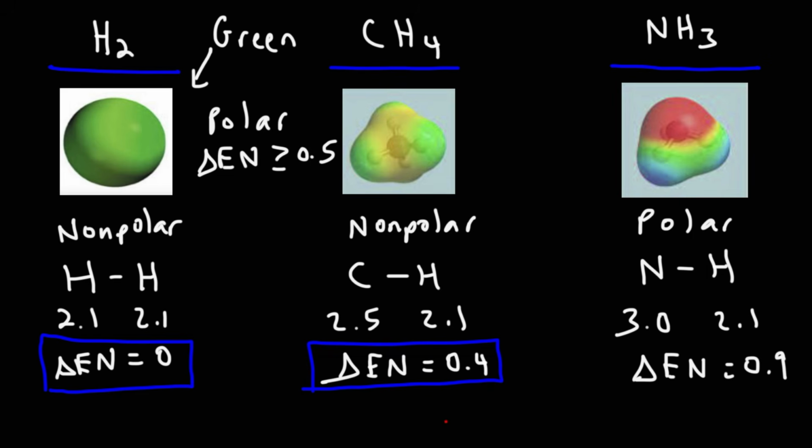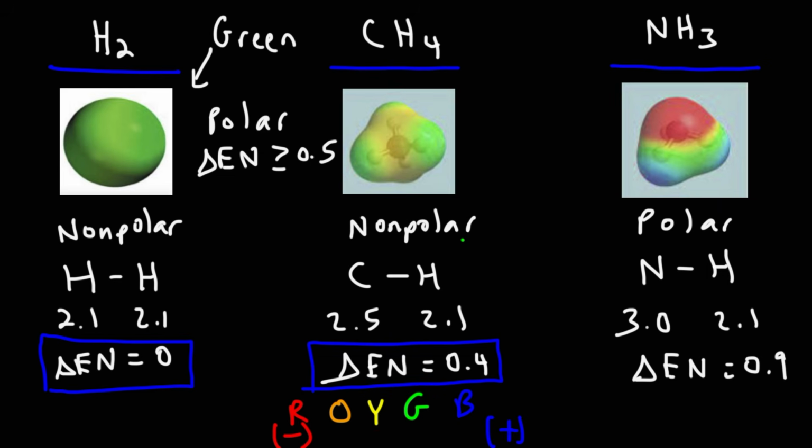Now going back to our electrostatic potential spectrum, we have red, orange, yellow, green, and blue. Now remember, blue is positive and red is negative. So when you're dealing with red and blue, you're dealing with a more polar molecule, so to speak. When you're dealing with yellow and green, that's closer to the middle, you're dealing with a less polar molecule, or even a nonpolar molecule.